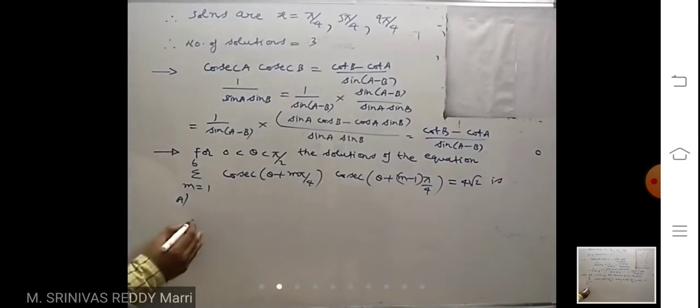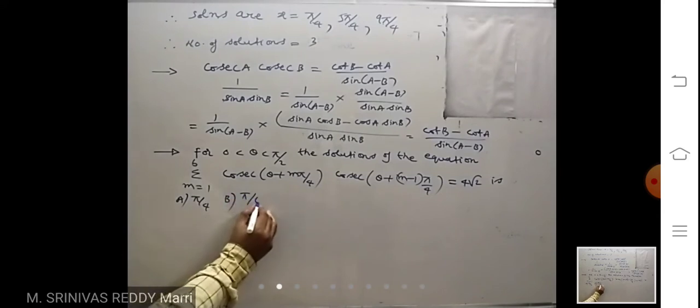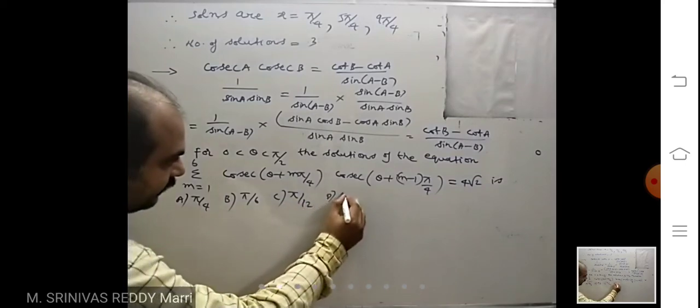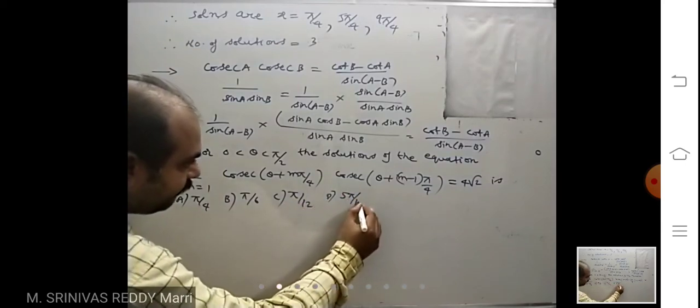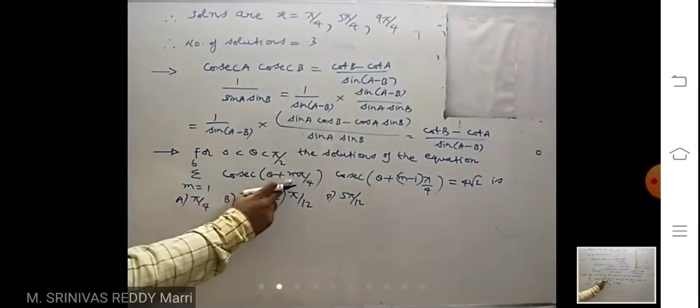Options given: A pi by 4, B pi by 6, C pi by 12, D 5 pi by 12. Now look at cosecant of one angle into cosecant of another angle.